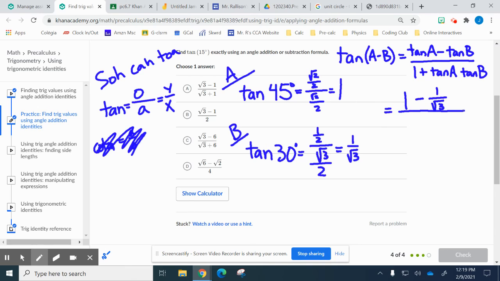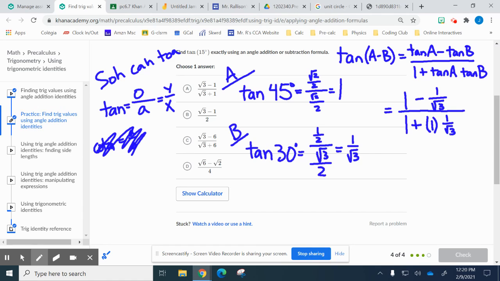When you have something on the bottom of a fraction and there's a difference and there's not a common denominator, you know you're going to end up in trouble. But we'll get out of trouble. 1 plus the tangent of A, which is 1, times the tangent of B, which again is 1 over square root of 3. Now, what are we going to do with this?